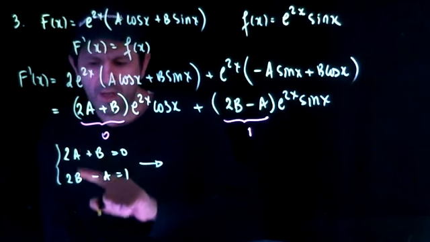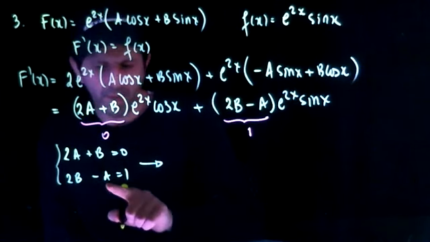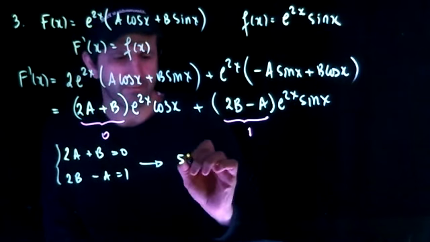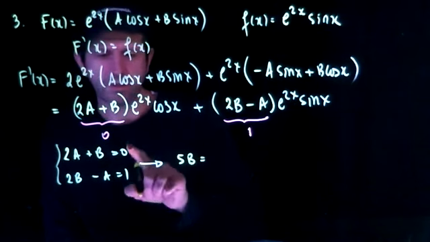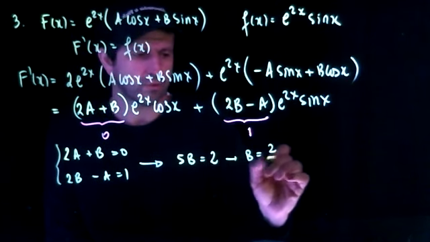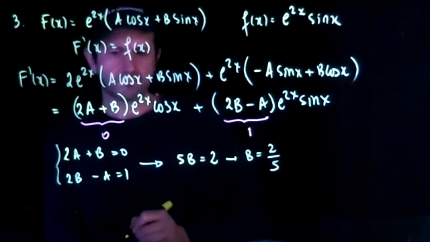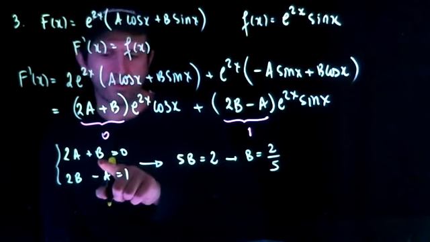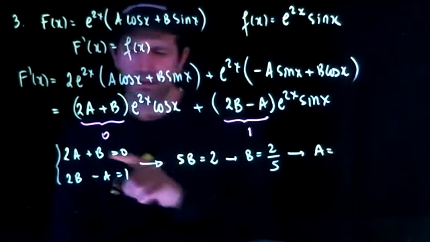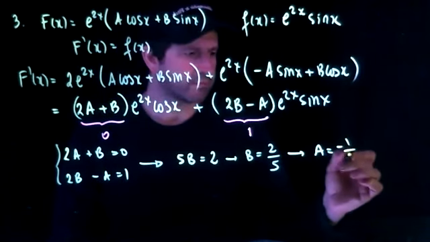So 2a minus 2a will cancel. You will get 5b is equal to 2, and so b is 2 over 5. Okay, and if b is 2 over 5, then a will be negative 1 over 5. Is that the answer?